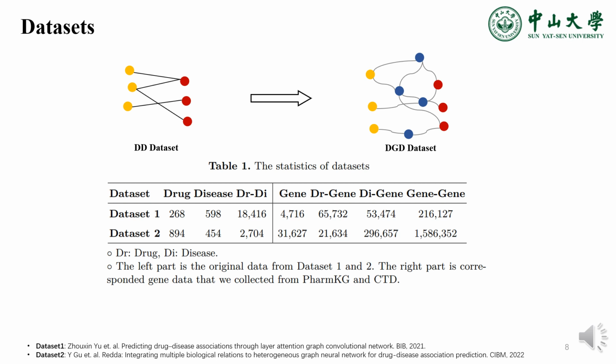In the DD dataset, there are only drugs and diseases and the relations between drugs and diseases. In the DGD dataset, there are drugs, diseases, and genes, and the relations between drug and gene, and also between gene and disease, but there is no relation between drug and disease.